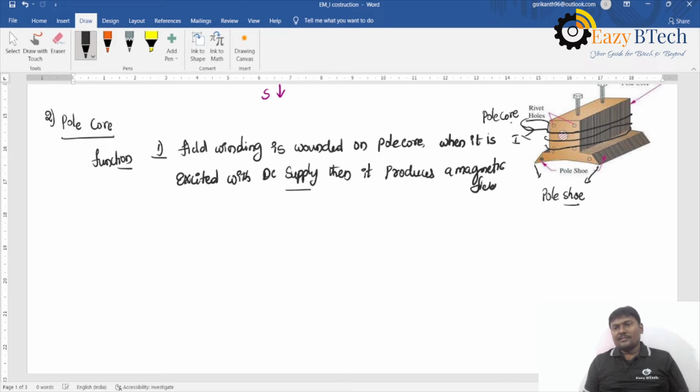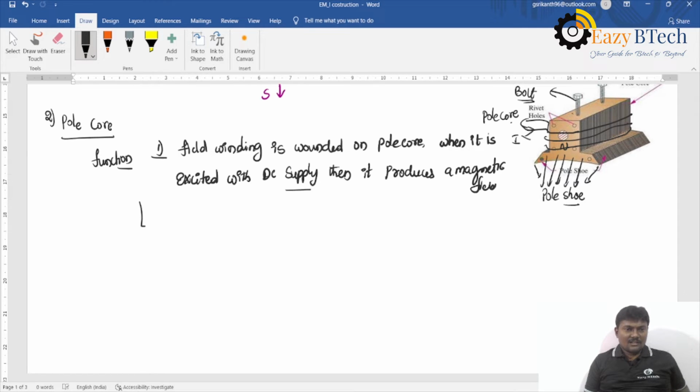The field winding is wound like this; the current passes through here and it acts as a north pole, producing flux. This pole core is fitted to the yoke with the help of a bolt.